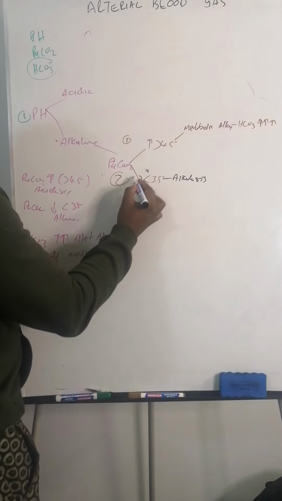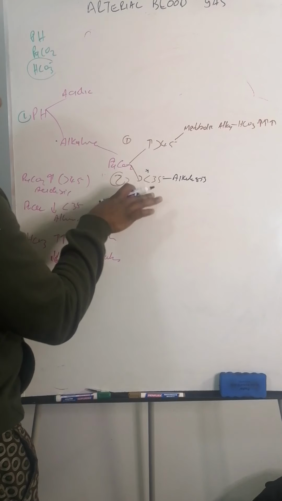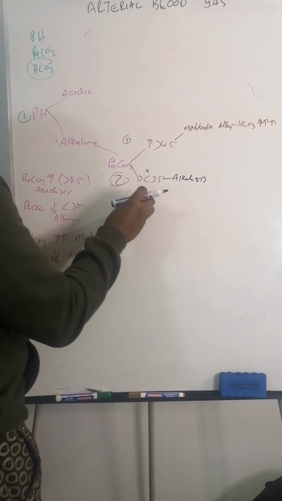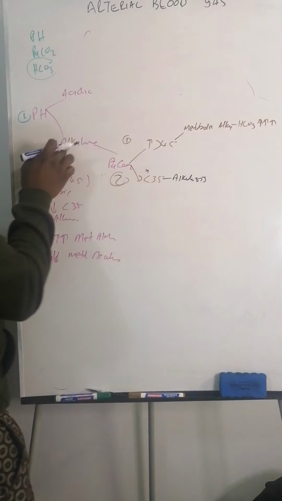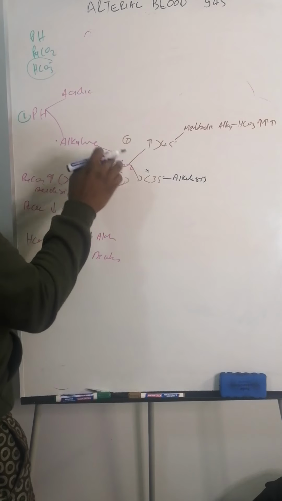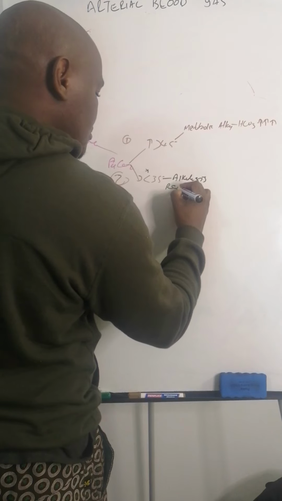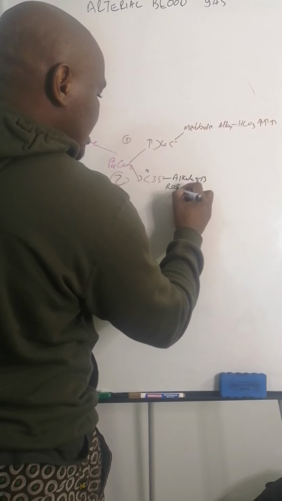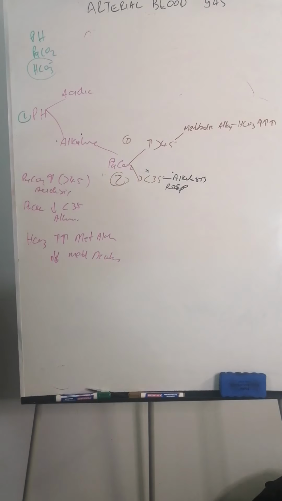This kind of partial pressure of CO2 that is less than 35 is an alkaline picture of the partial pressure of CO2. It agrees with this. So we can say, yes, this patient has respiratory alkalosis. Because this agrees with this, we don't have to go and check the bicarbs.